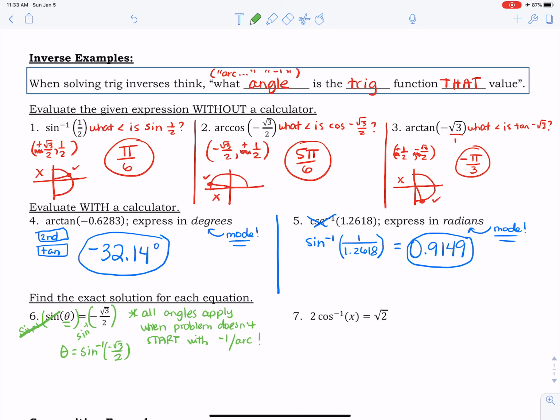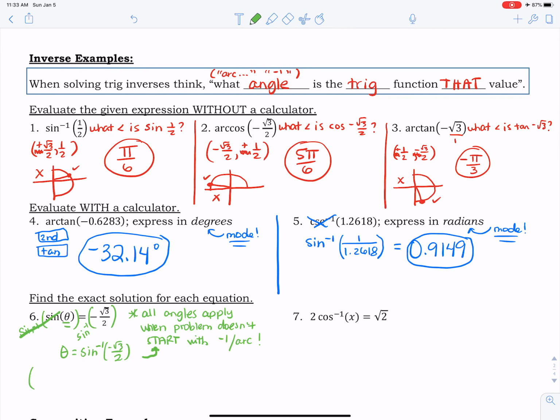And now you have to think, what angle is the sine negative square root of 3 over 2? But in this case, all angles apply. All angles apply. And so the angles where it's negative square root of 3 over 2 is where you have a positive or negative 1/2.